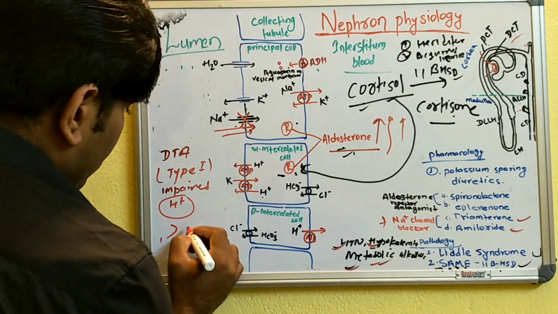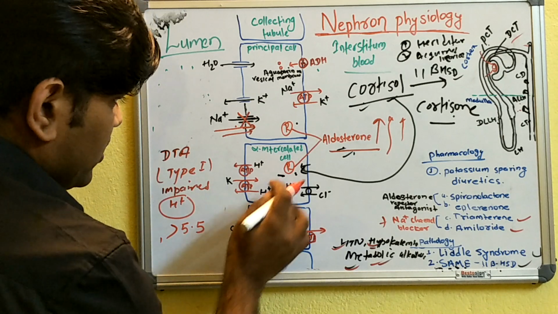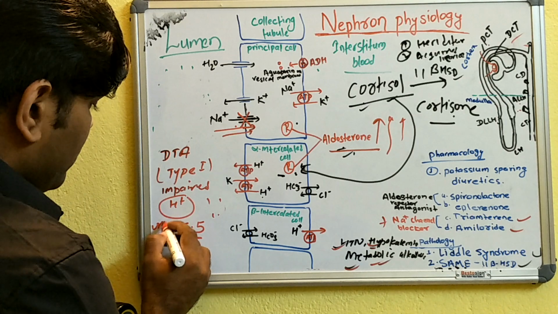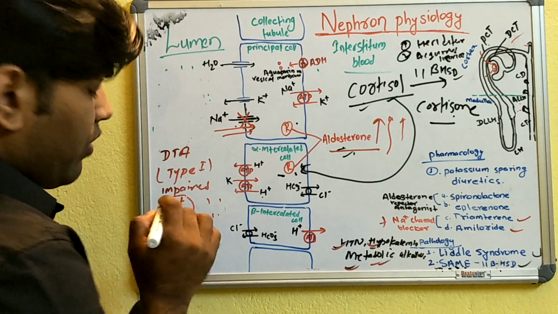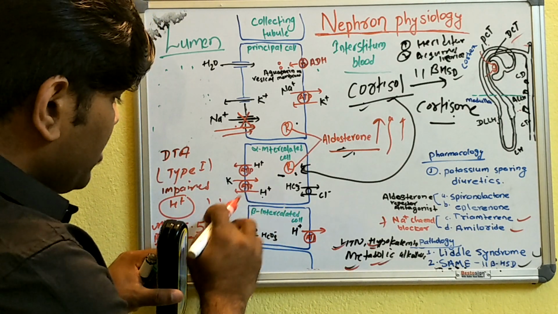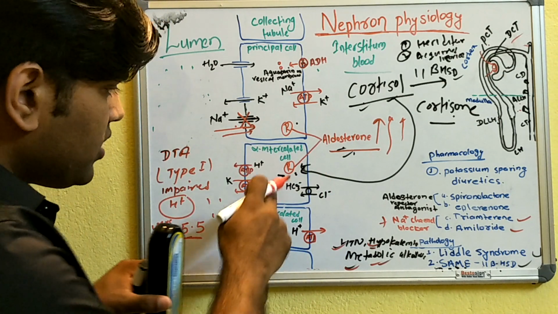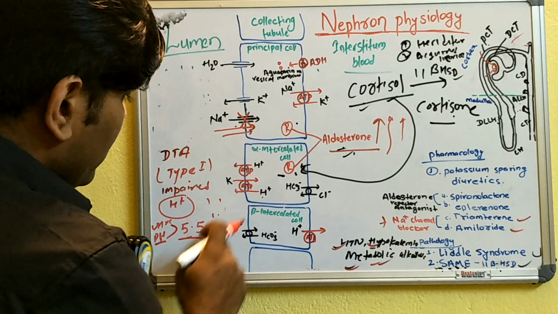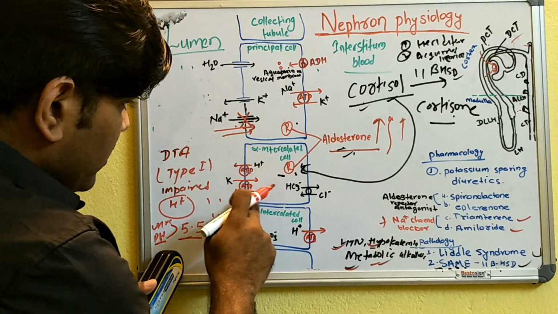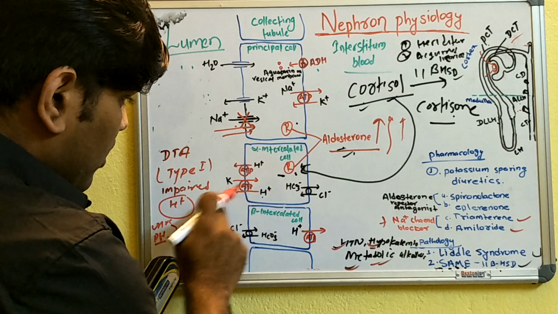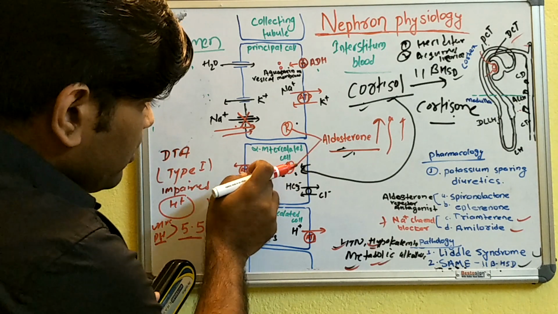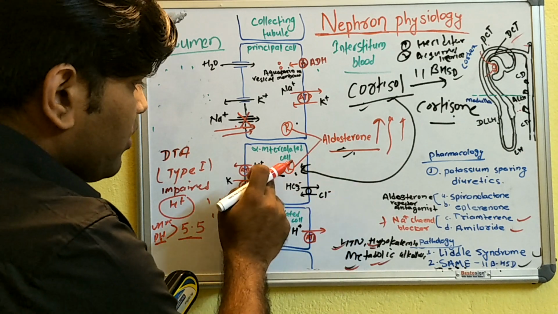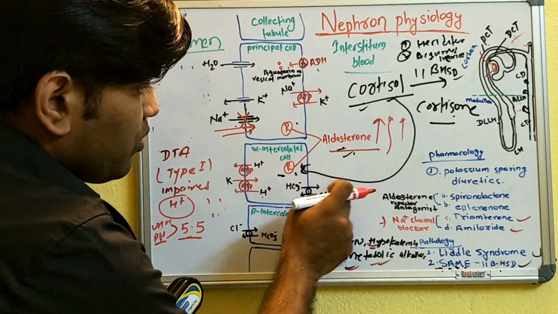One major thing is that the urine pH will be greater than 5.5. Since hydrogen is not coming into the urine, the urine pH will be higher, because hydrogen ion makes the urine more acidic, but since it is not secreted out, urine pH will be more. That you have to understand. Another thing is that since hydrogen is not being excreted, in place of hydrogen excretion there would be absorption of bicarbonate. Now if the hydrogen is not excreted, the bicarbonate will not be absorbed.